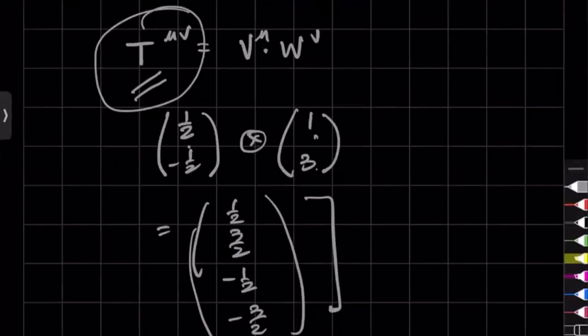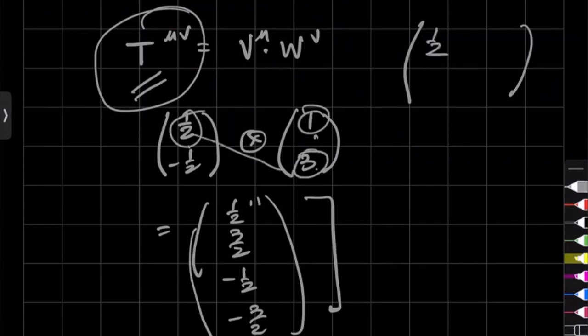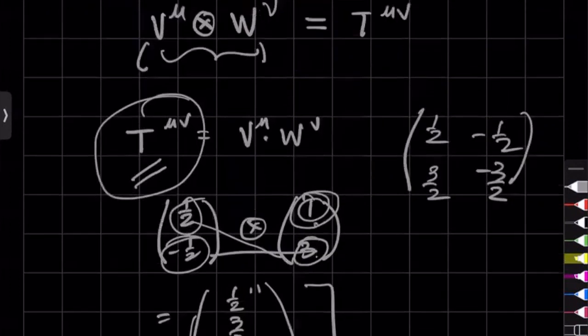So for example, this is like the 1 component, and you could have also written it like this: this times this is half, this times this is 3 half, whereas this times this is minus half, and this times this is minus 3 half, right?